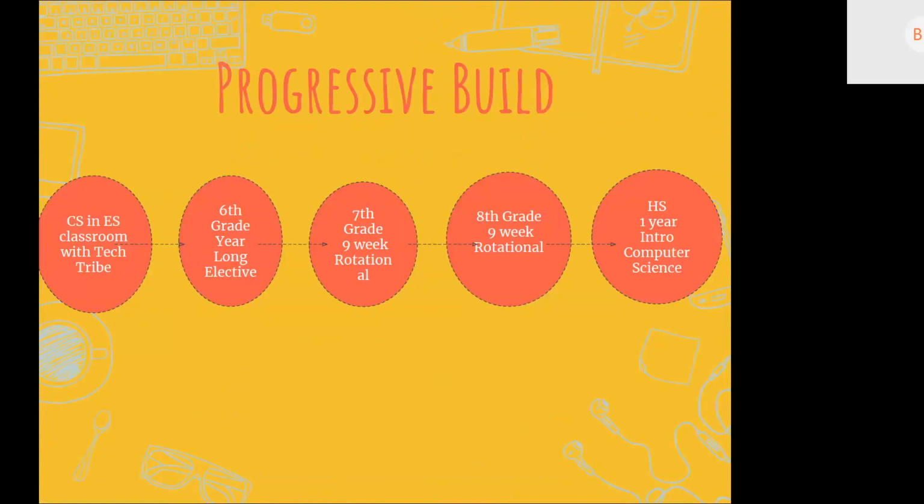Just this year we established a year-long elective, and that's where students can make the choice to take a computer science class. And then I talked about the 7th and 8th grade students, where all students are placed, they come in the rotational class. And then we have the high school introduction to computer science. That is currently the trajectory that we have right now at Milan. Next slide.